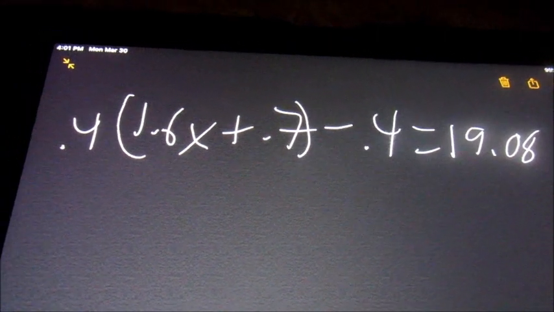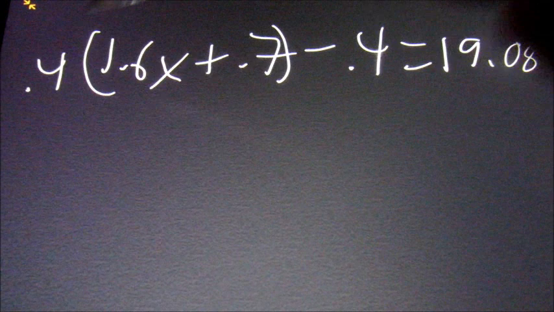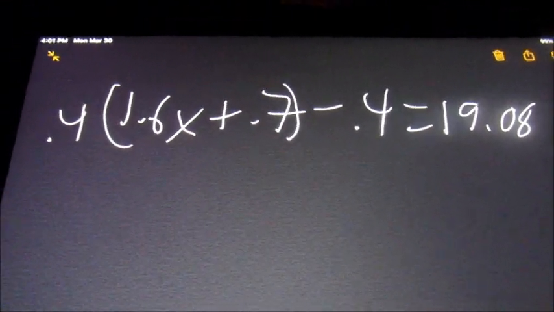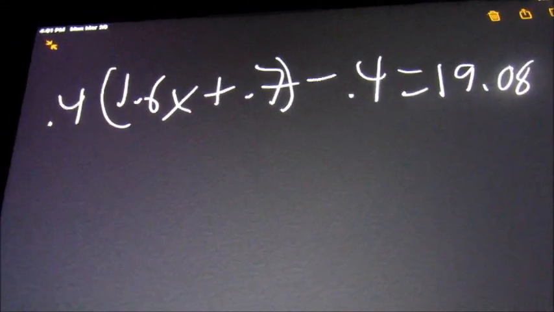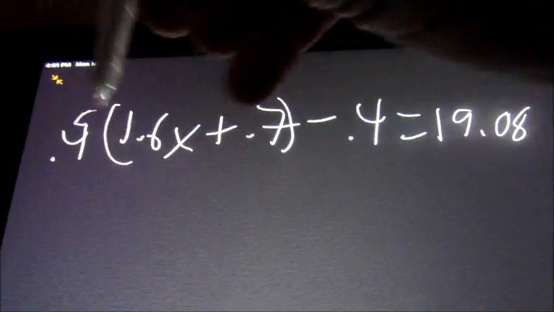Okay, so now what we have is a decimal multiplied by a decimal. For this one, I'm just going to distribute the 0.4 because of where the x is in the parentheses.